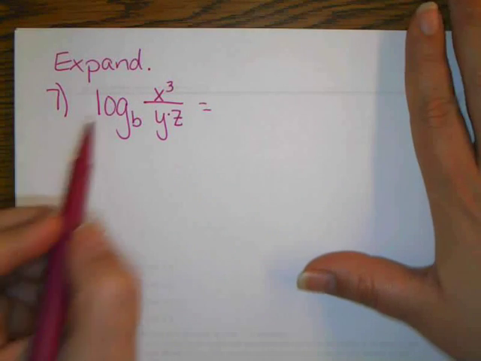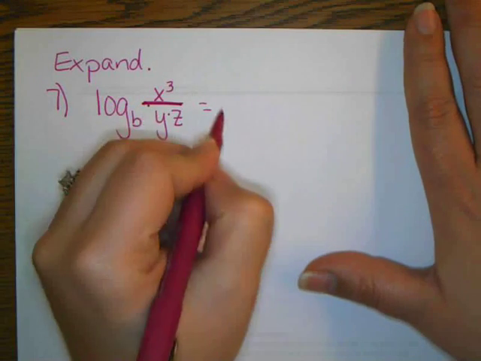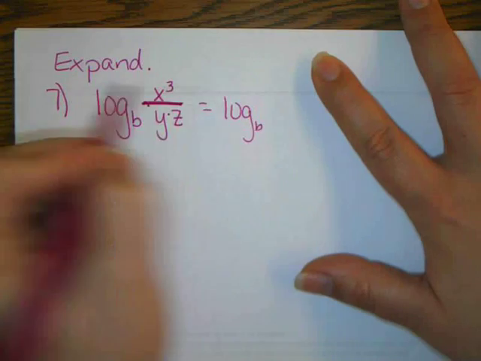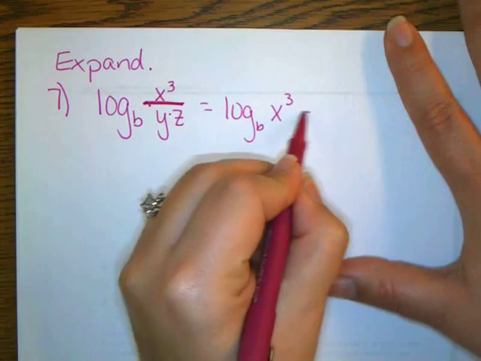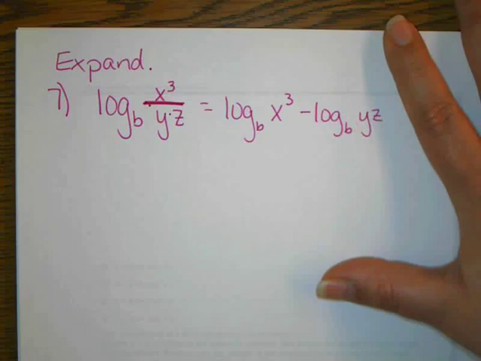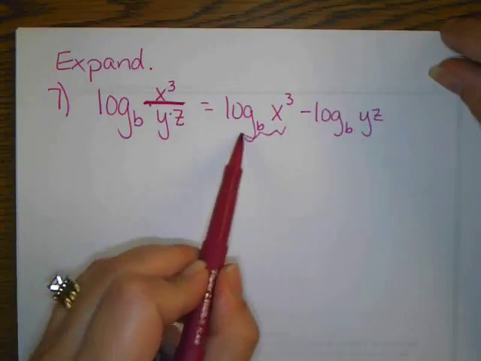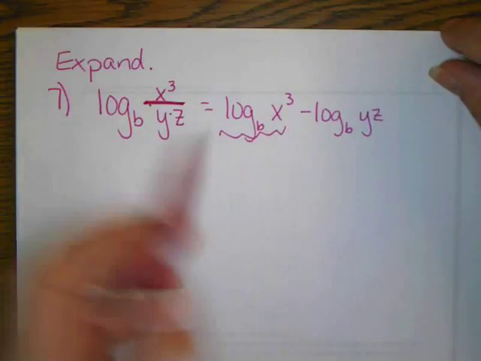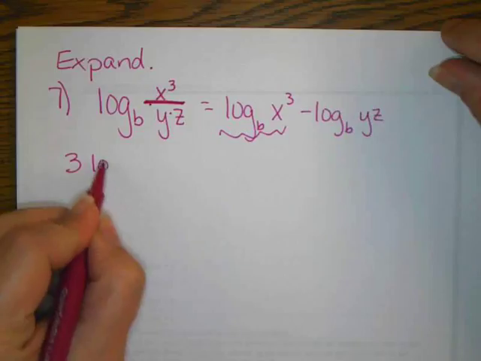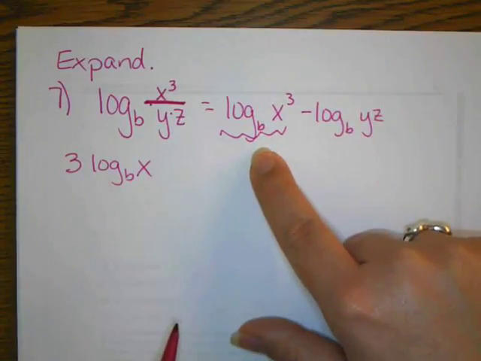The first thing I'm going to do is use my quotient rule to split this up. So I know I'm going to have log base b of x cubed minus log base b of yz. And now your next step, we can simplify this first one using the power rule. The exponent comes out front. So that's totally simplified.